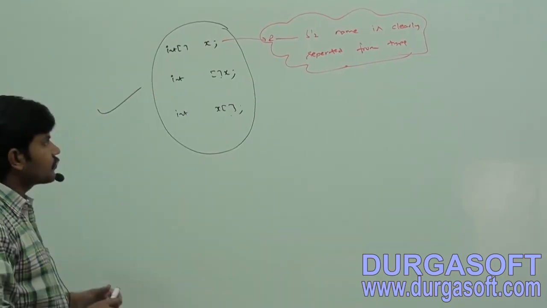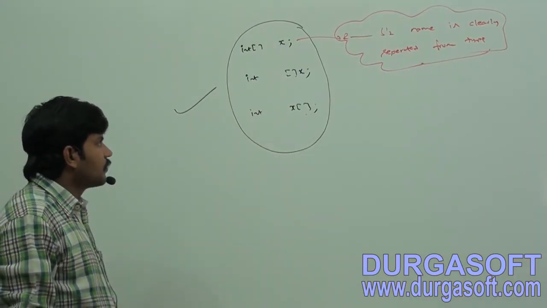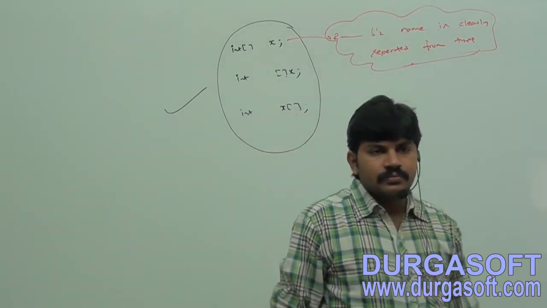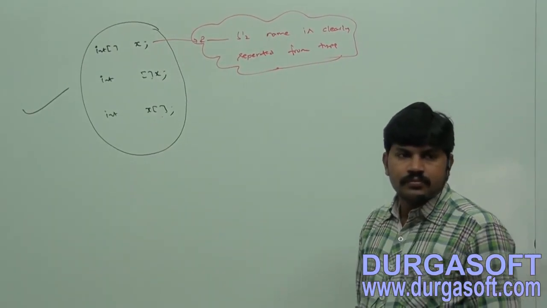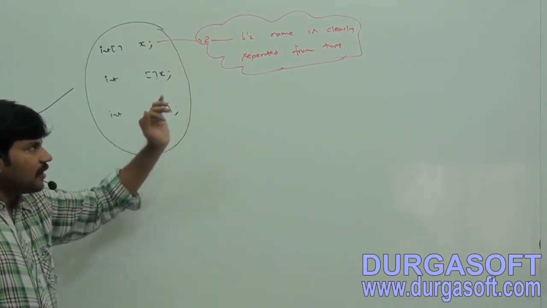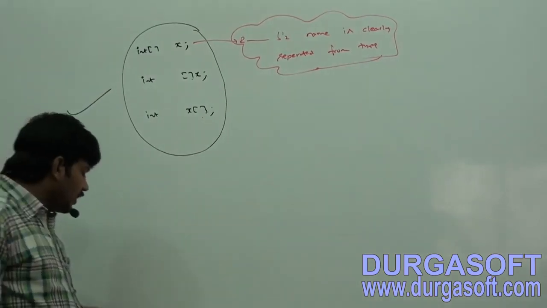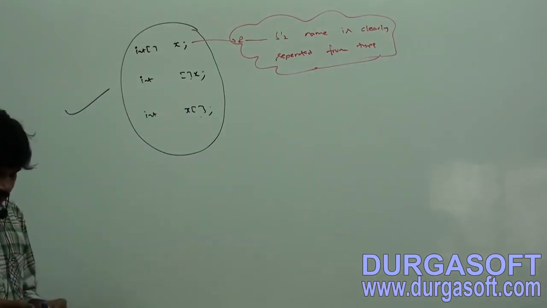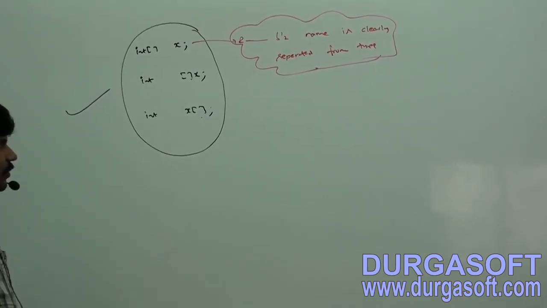Take the first one, int[] x. Here it is recommended because the name is clearly separated from type. Name is clearly separated from type.